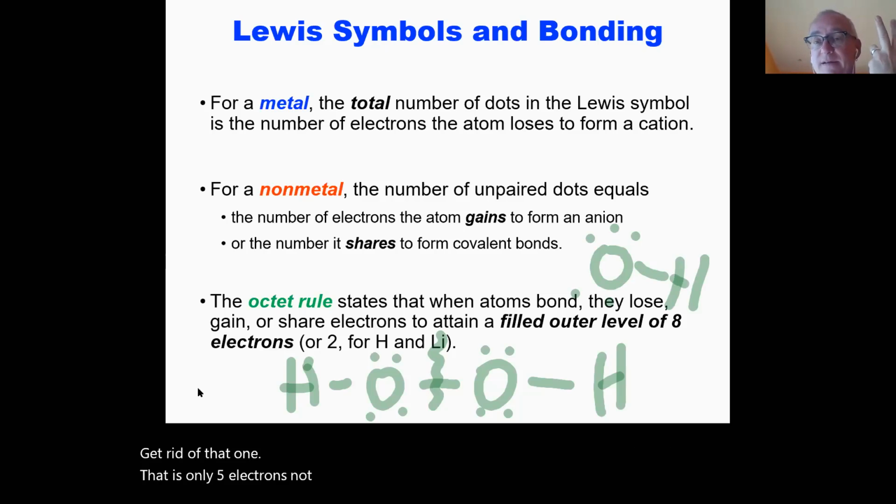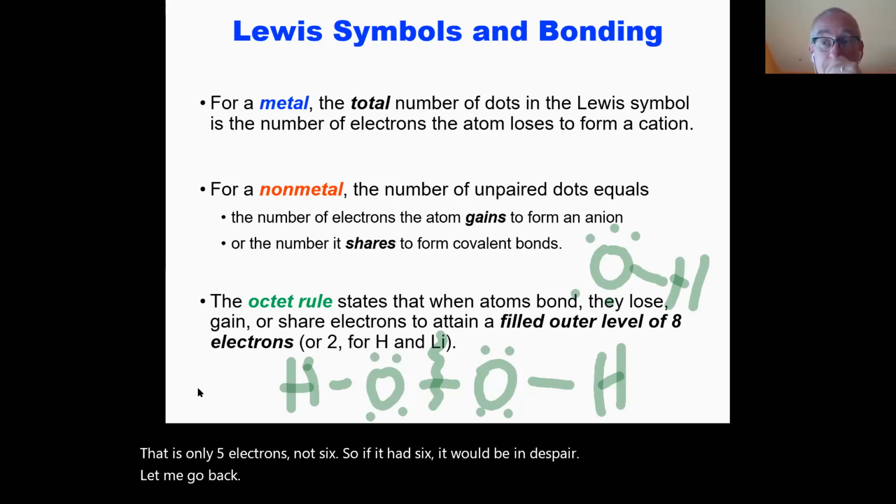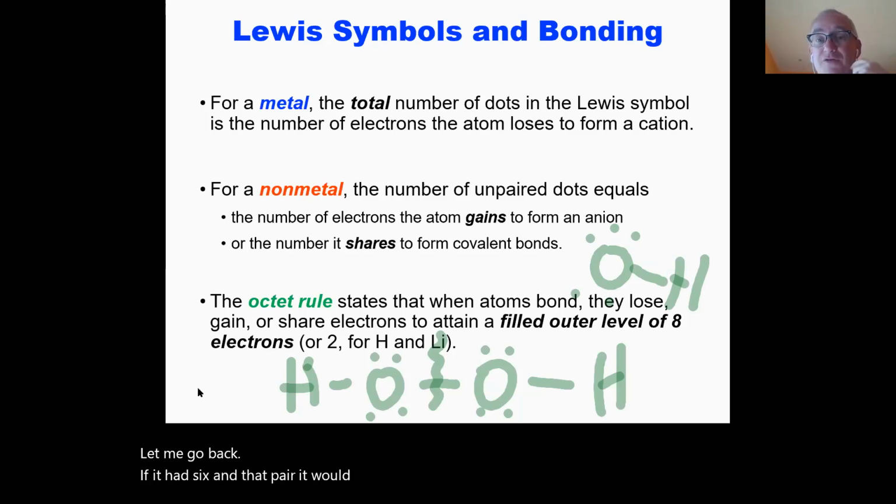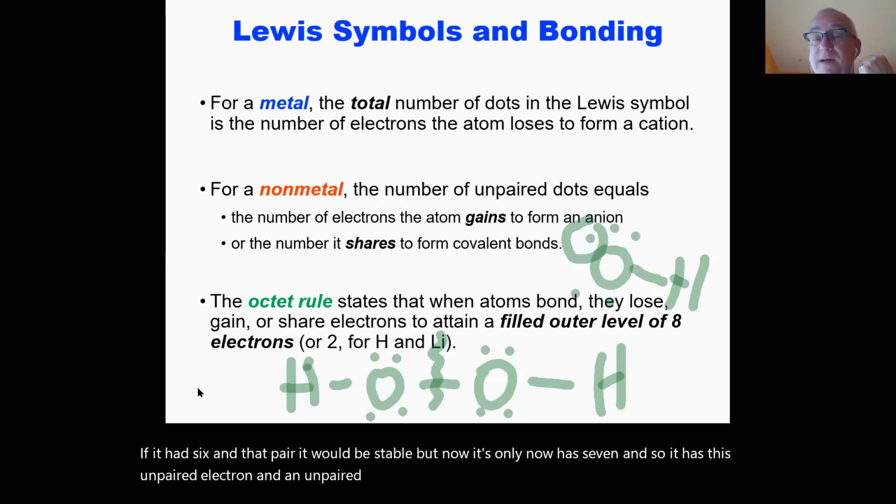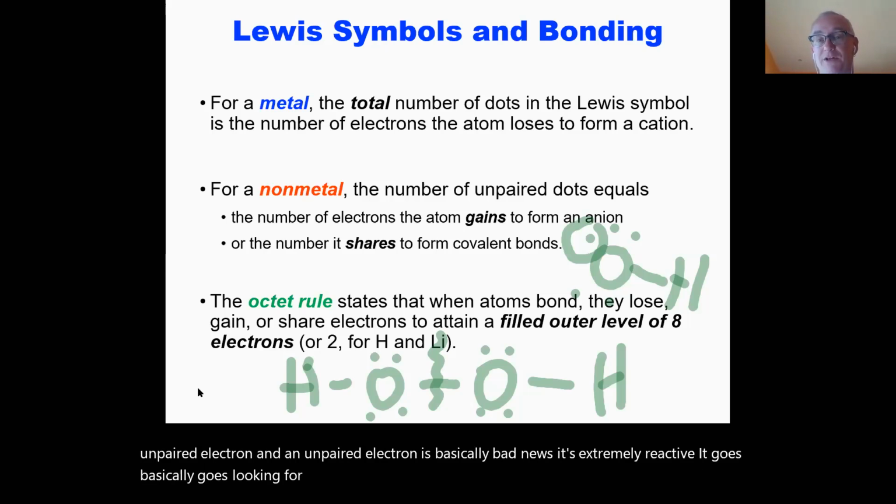So if it had 6, and this pair, oh, let me go back. If it had 6 and that pair, it would be stable. But now it has 7. And so it has this unpaired electron. And an unpaired electron is basically bad news. It's extremely reactive. It goes looking for an electron, and it'll take it from pretty much anybody.